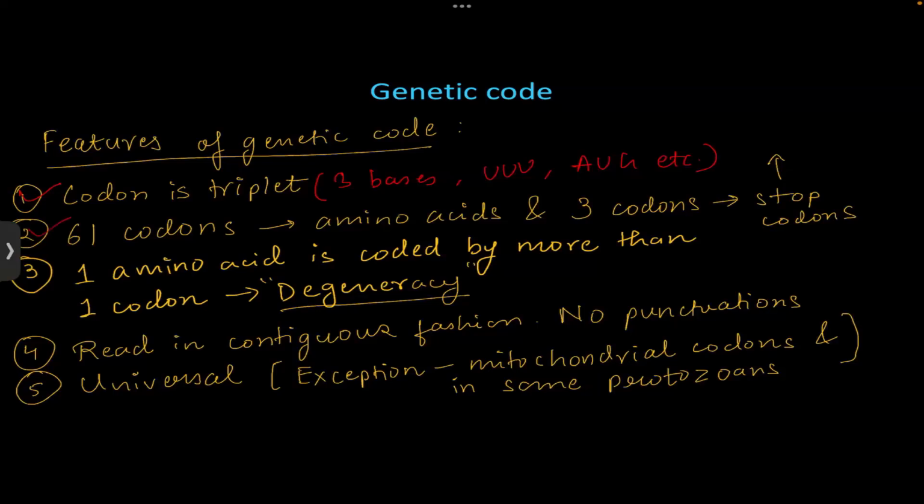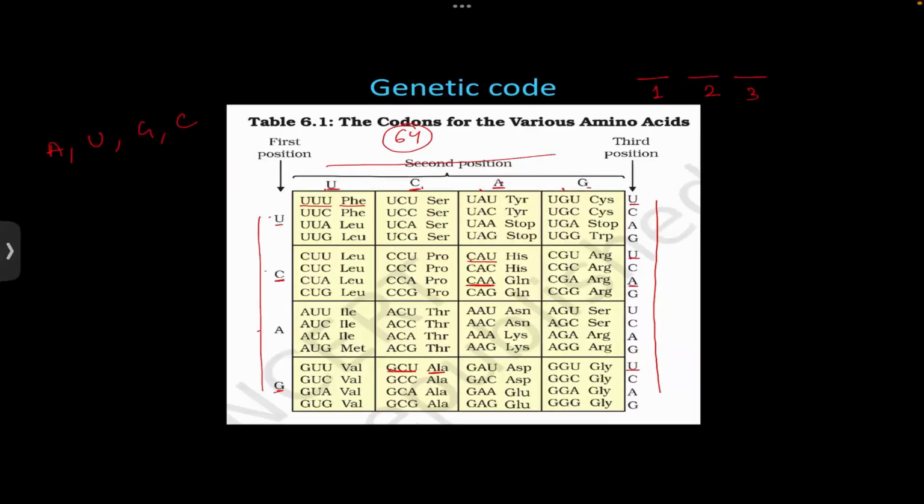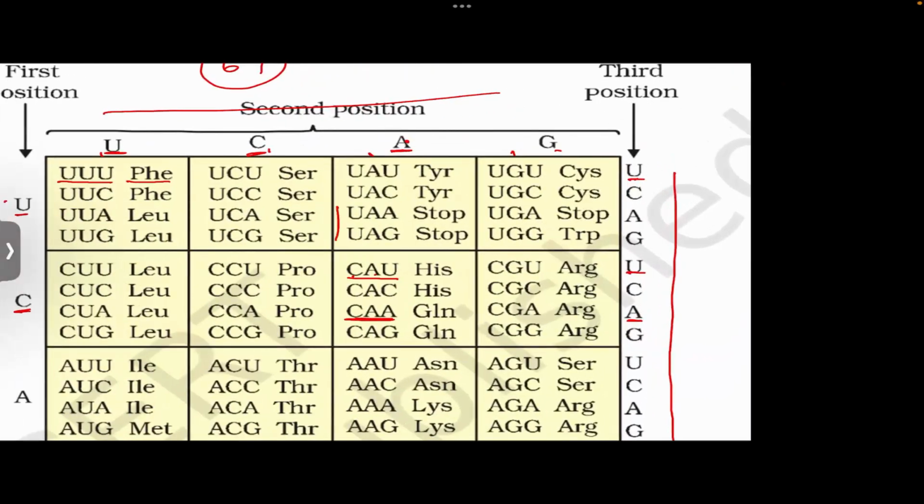Then out of 64 codons, there are 61 codons which code for amino acids. The rest 3 codons code for stop codons. So what are stop codons? Here in this table, look at the codons that I have made a box around. So UAA, UAG, UGA.